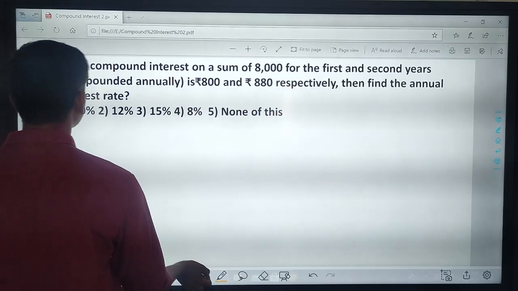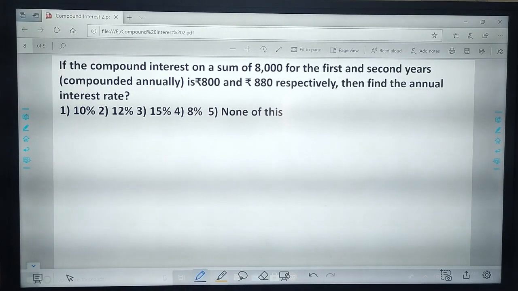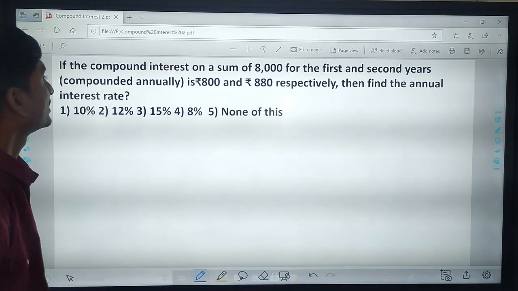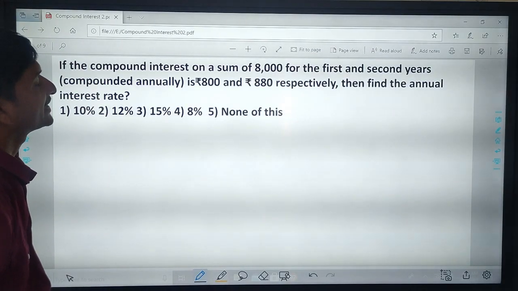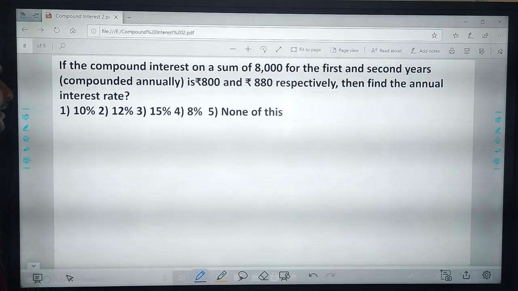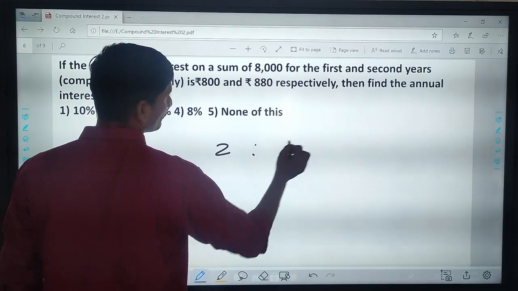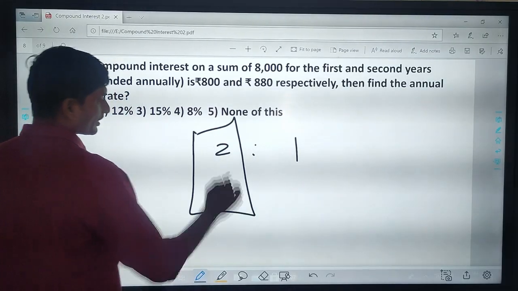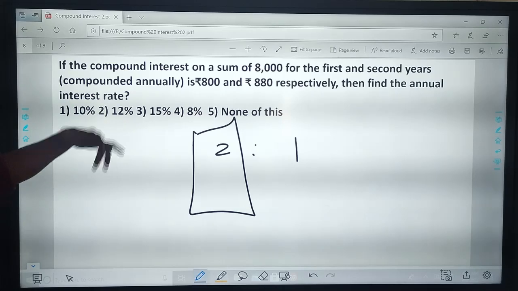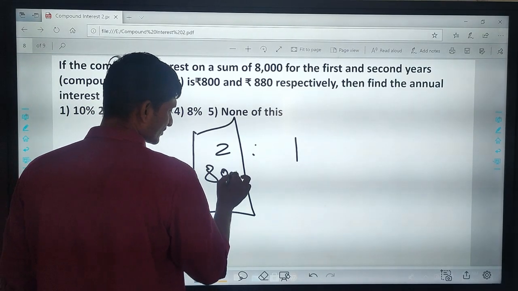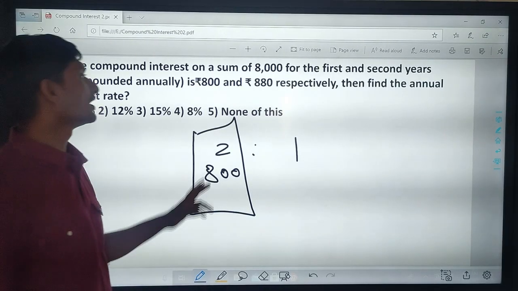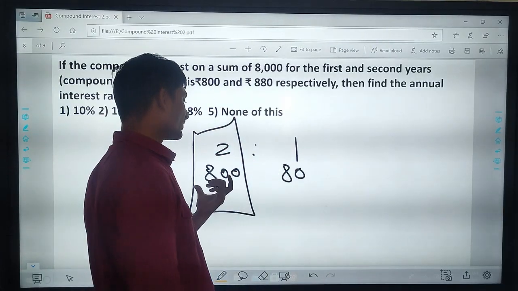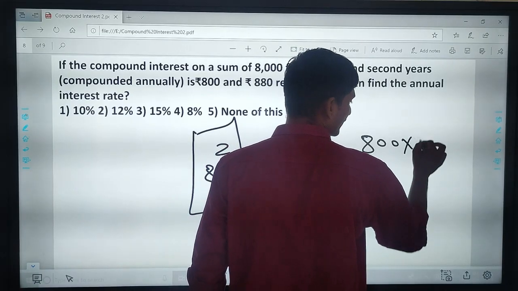Now next, if the compound interest on a sum of 8000 for the first and second year, compounded annually, is 800 for the first year and 880 for the second year respectively, then find the rate of interest. Now here 80 is how many percent of 800?